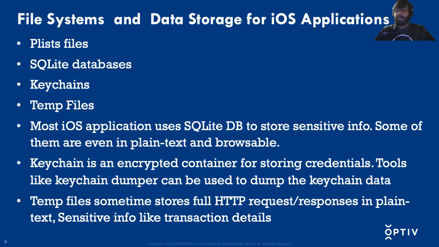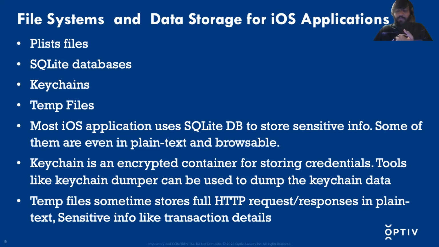The SQLite database contains a plethora of sensitive information, starting from username, password, how long the app was used, and what sort of functions of the app were used. Sometimes the database stores the location coordinates, and all sorts of sensitive information.